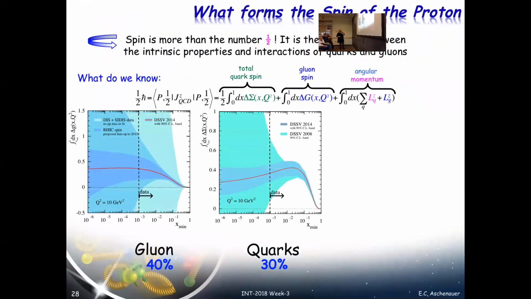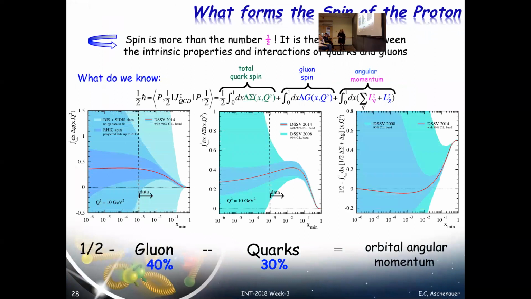So for the spin of the proton, if you look right now and you say, okay, my gluon is roughly 40%, my quark is 30%, I know it has to be 1/2. I don't think anybody debates that the spin of the proton is 1/2. So I could be naive, and I just subtract it to get the orbital angular momentum. And if you look at the current data, you have absolutely no constraint.